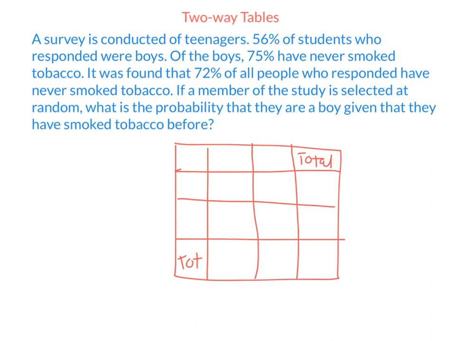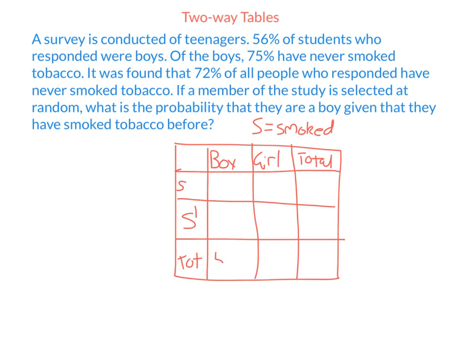So there are two sets here. Firstly, we're talking about whether they're a boy or a girl. The second bit of information is whether or not they've smoked before. I'm going to let S stand for that they've smoked before, and this, of course, means not S. They've never smoked before. So now let's put in the numbers. 56% of students were boys, so that goes in the total here.